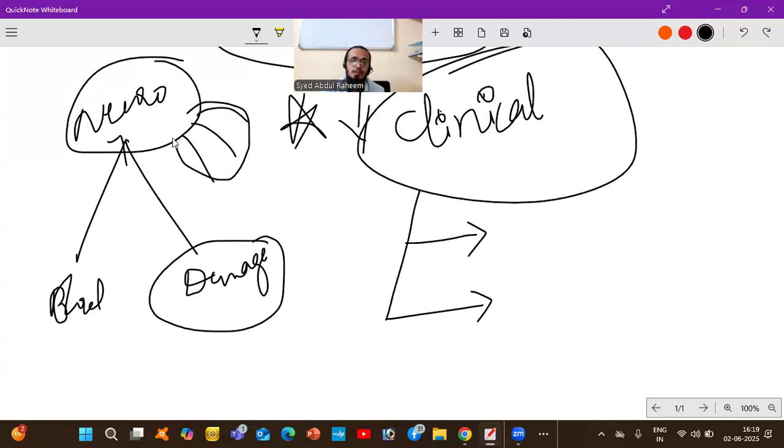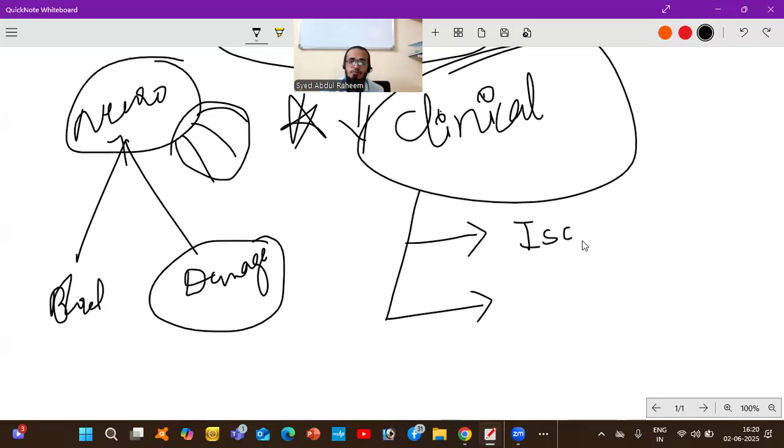Any one of these happens. Damage means venous hemorrhage or arterial hemorrhage. We discussed SAH, SDH, everything, but here also we'll discuss. So blood supply is decreased or suddenly restricted to a certain part of the brain. We will call this ischemic stroke.